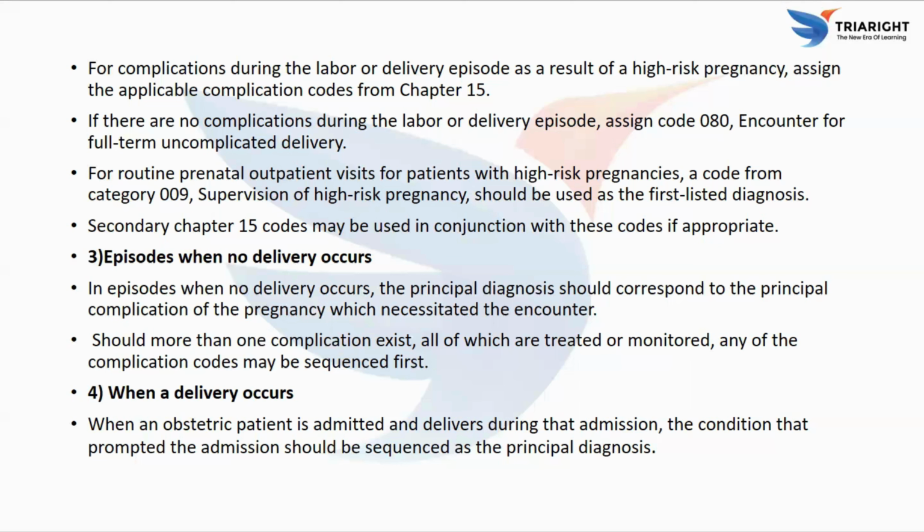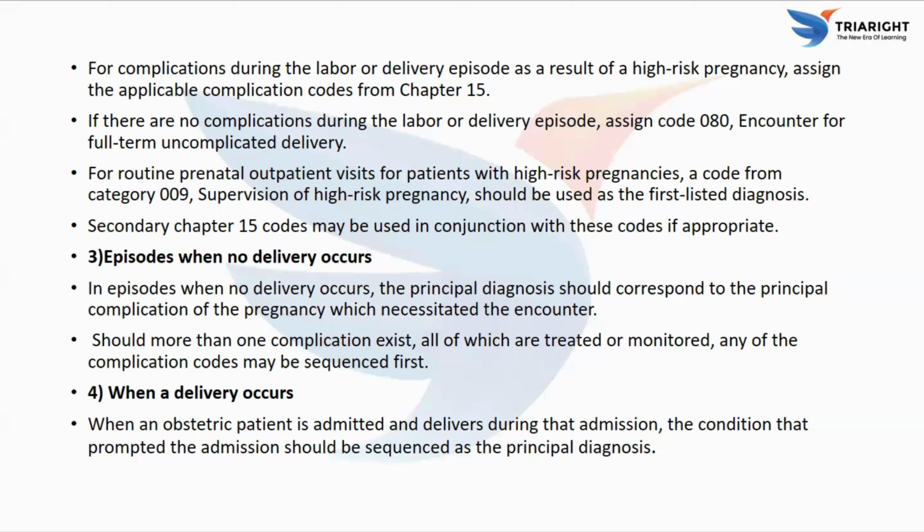Okay. So the third guideline is routine prenatal outpatient visits for high-risk pregnancies. When a high-risk pregnant woman visits the clinic for routine checkups, not labor, only for routine checkups, you have to use category O09 for supervision of high-risk pregnancy. This is used as the first listed diagnosis, which is the primary diagnosis.